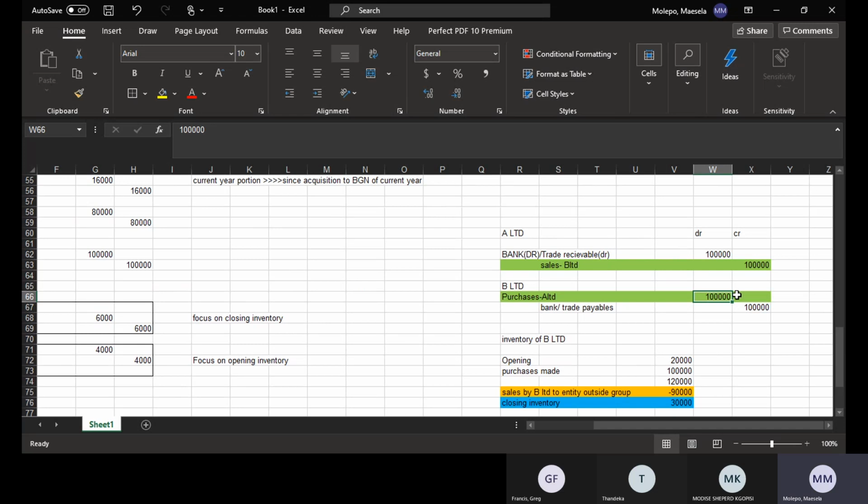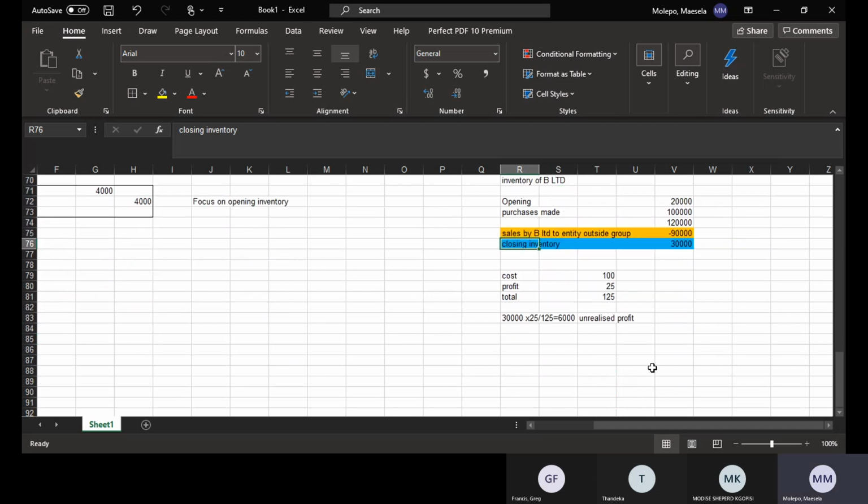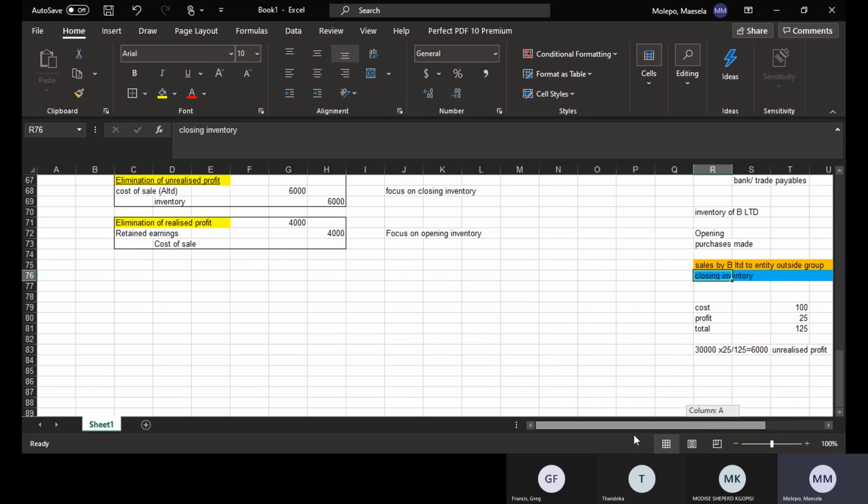And then we less the profit from the closing inventory because it's not yet realized. We less it. And then we add the profit of the 4,000, this one.